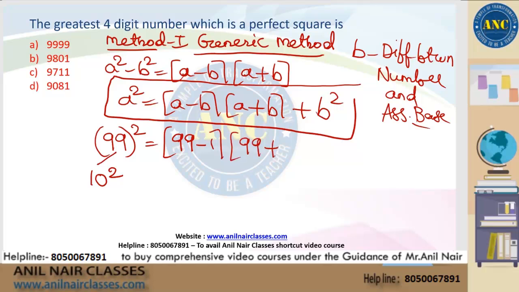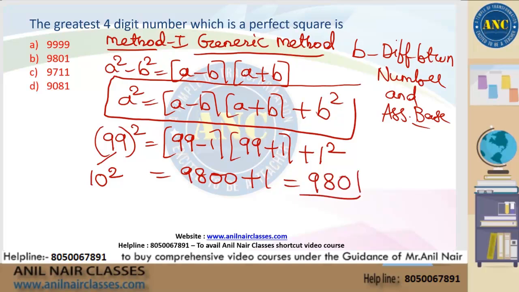So (99 minus 1) into (99 plus 1) plus 1 square, which is 9800 plus 1. Answer is 9801. Using this generic method, you can find the square of any number.